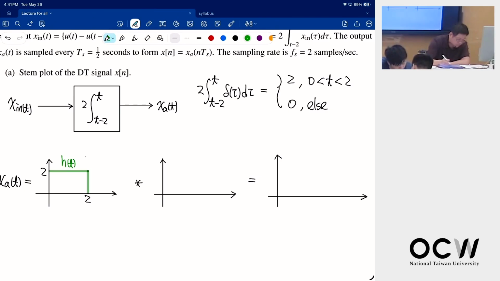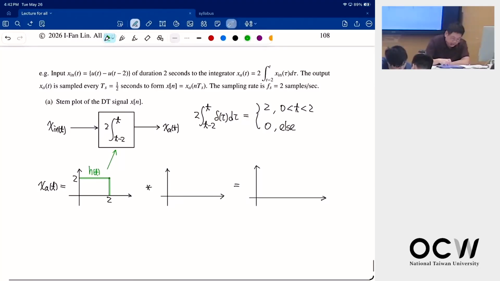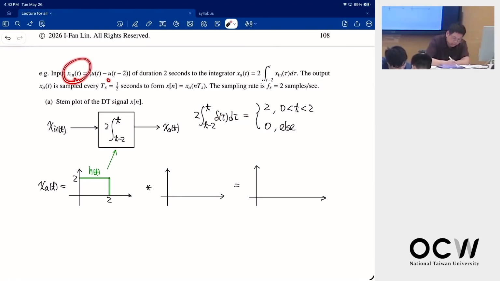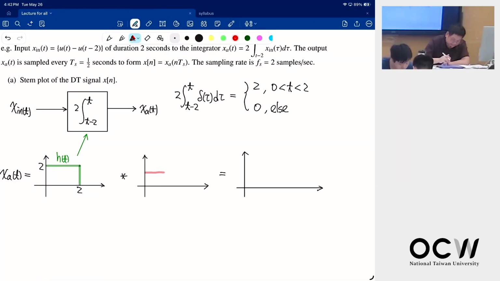Okay, this is just here. And what is x_in? u(t) minus u(t minus 2), which is here's 1, here's 2.